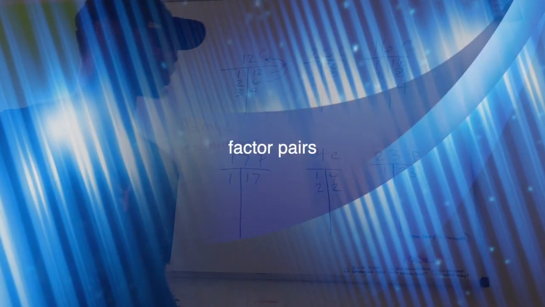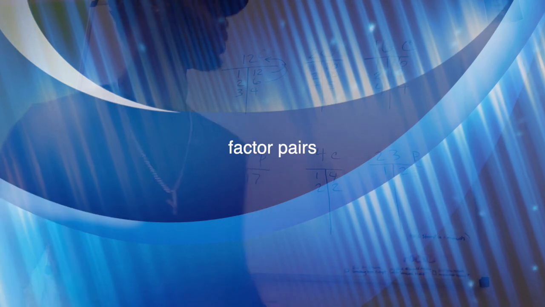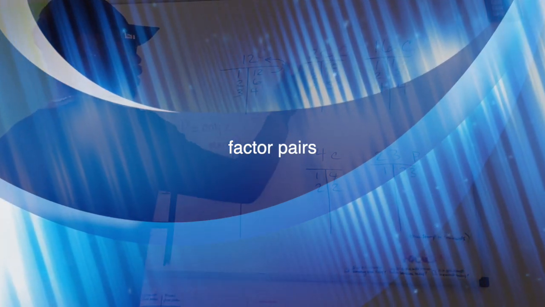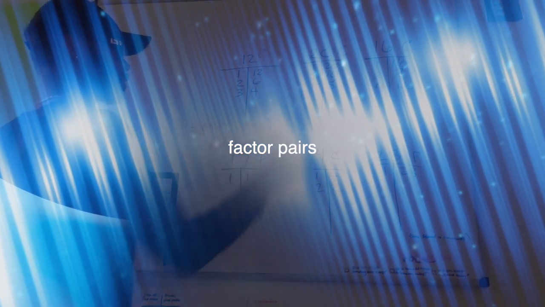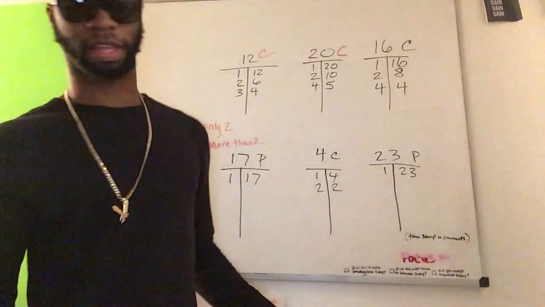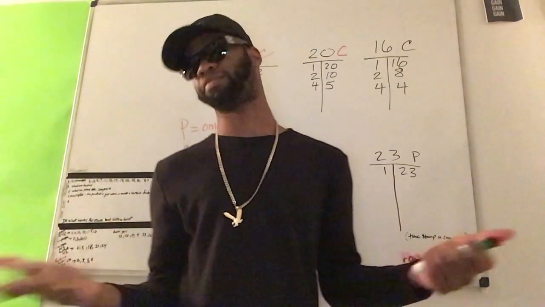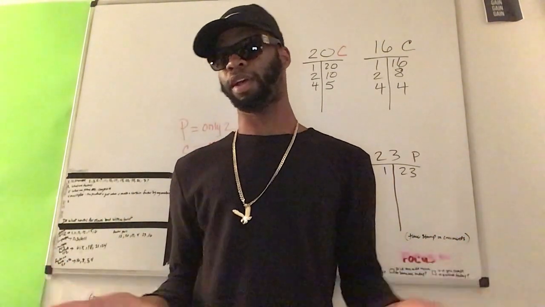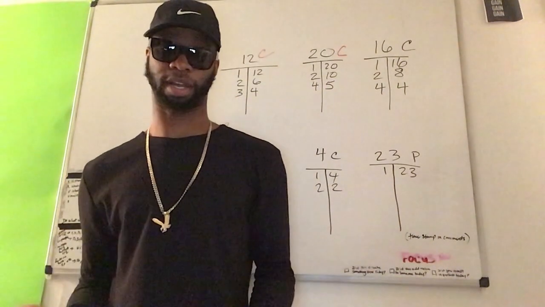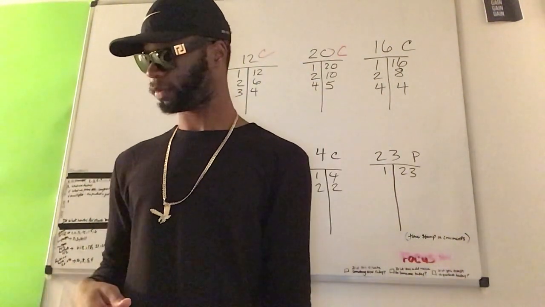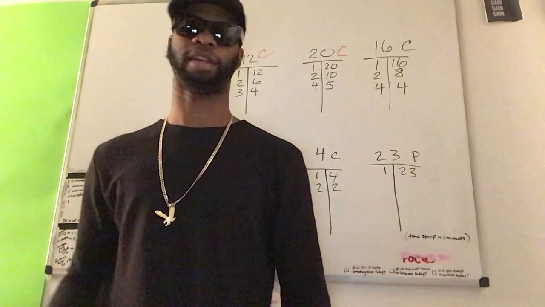So I want to talk about another thing with these numbers, all right? Since we already did the work, I'm just going to take it from here, and we're going to talk about factor pairs, all right? A pair of anything is 2 of something. For example, a pair of shoes is 2 shoes. 2 socks is a pair of socks. 2 earphones is a pair of earphones, and whatever else.